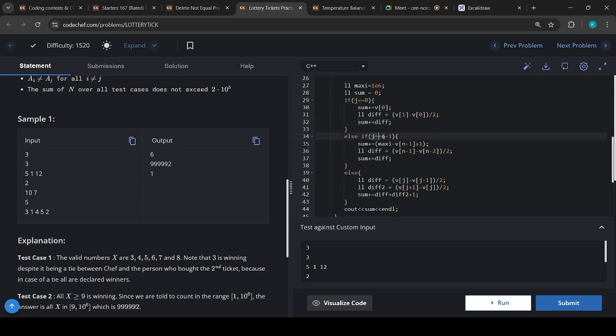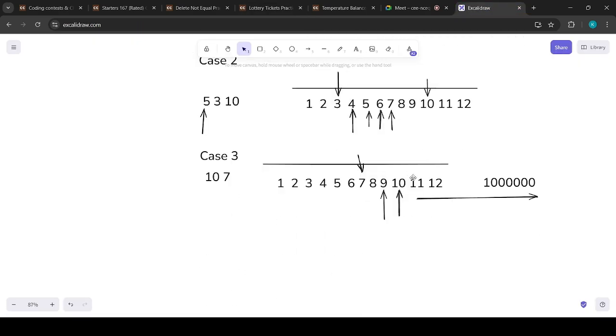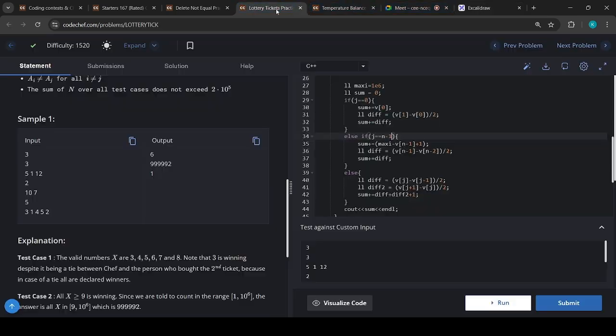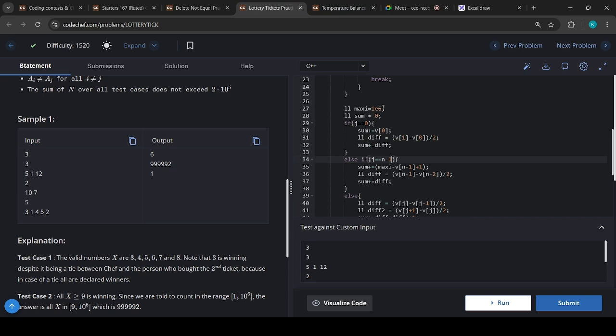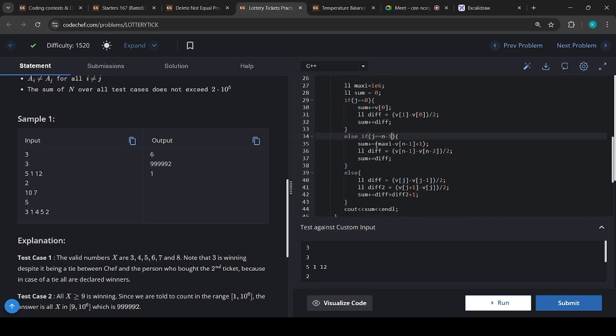The next condition is if that number is at the last. So we are taking all the numbers from that number to 10 raised to 6. I declared a maxi, which is 10 raised to 6, and I have added all the numbers from that number to 10 raised to 6 into my answer.